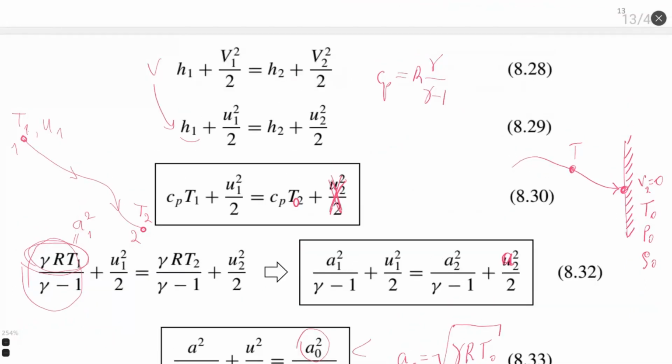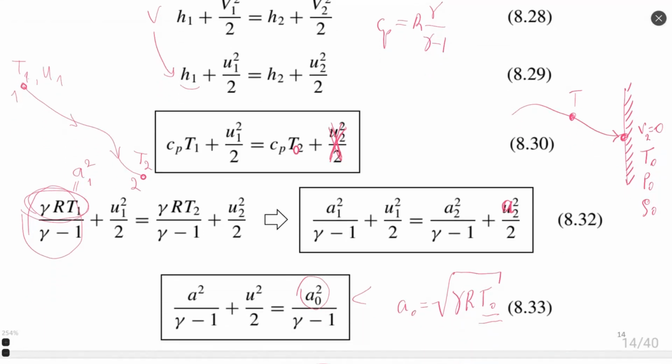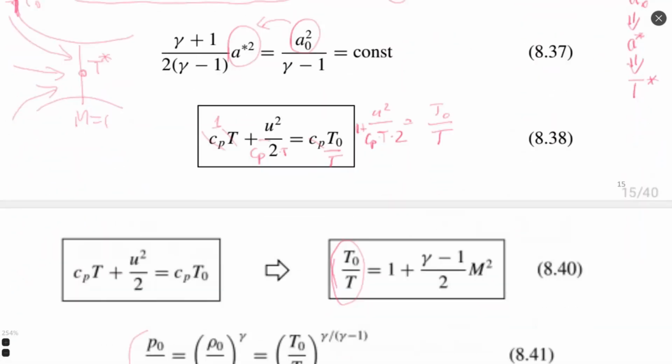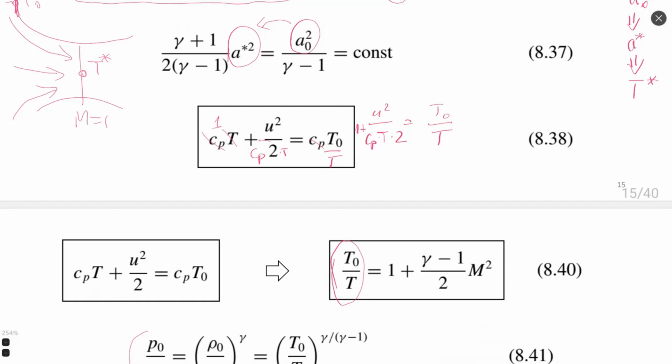Cp is R gamma divided by gamma minus 1. So when we will put this inside our equation, gamma minus 1, gamma will be here. Okay, R, let's write here.